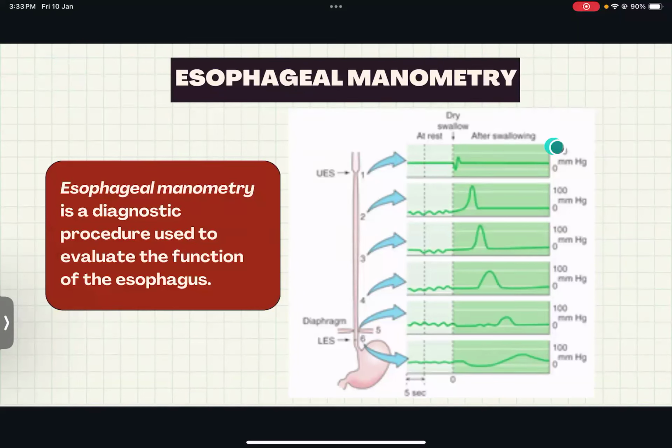Then when the swallowing begins, the bolus passes, as we said, from the oral cavity to the upper esophageal sphincter. And again, we mentioned that the presence of the bolus in the upper esophageal sphincter will stimulate the mechanoreceptors.